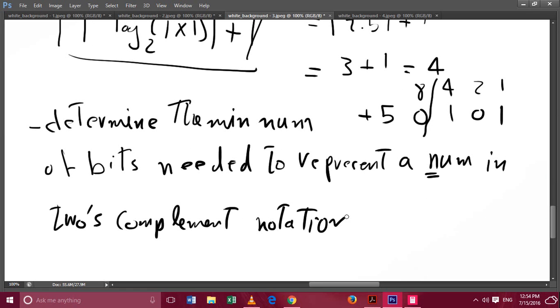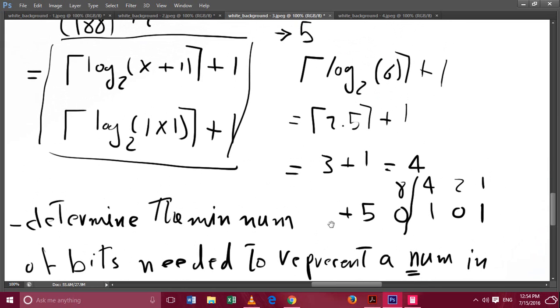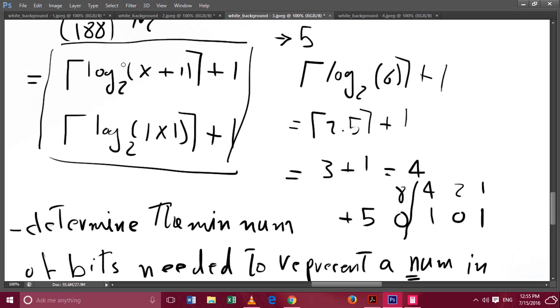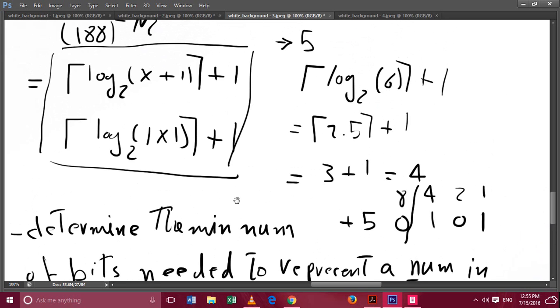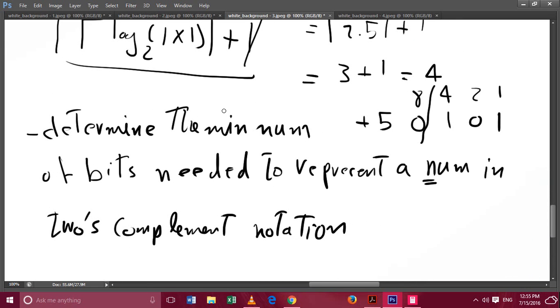So length determination gives you these two equations here. You can substitute for x to get the length, or how many bits are needed to represent any positive or negative number.